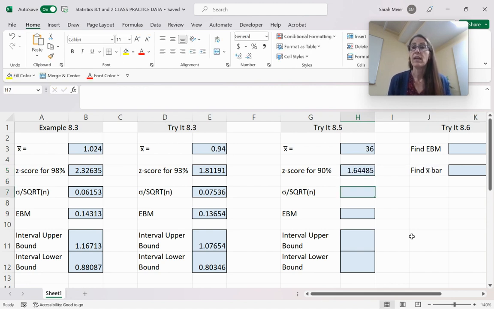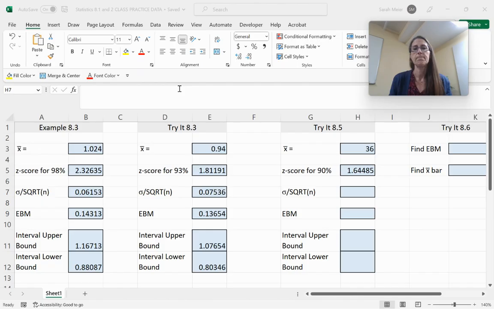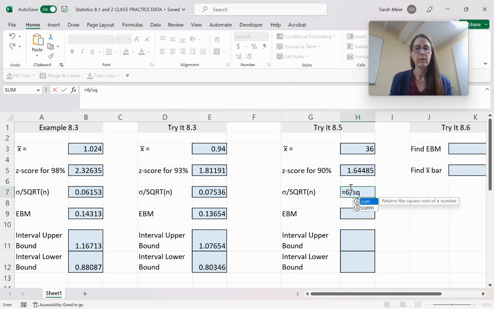We're going to figure out our sample standard deviation. So we know that the population standard deviation is 6, and we have a sample of 50 pizza restaurants. So this is going to be equal to sigma, 6, divided by the square root of 50.